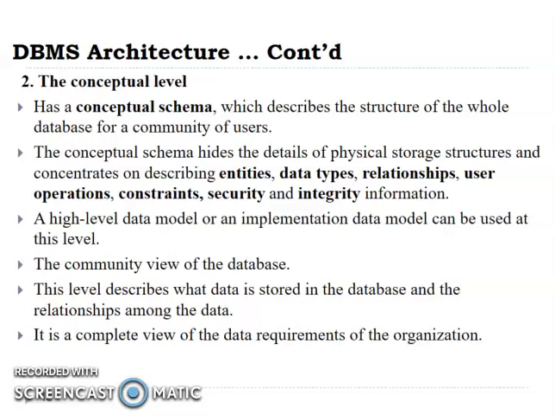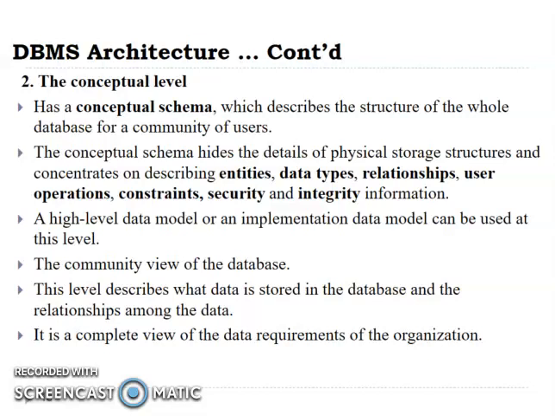As we saw previously, the internal level is mostly concerned with what? The physical structure of the database. But the conceptual level is not focusing on detailed description of the physical storage.